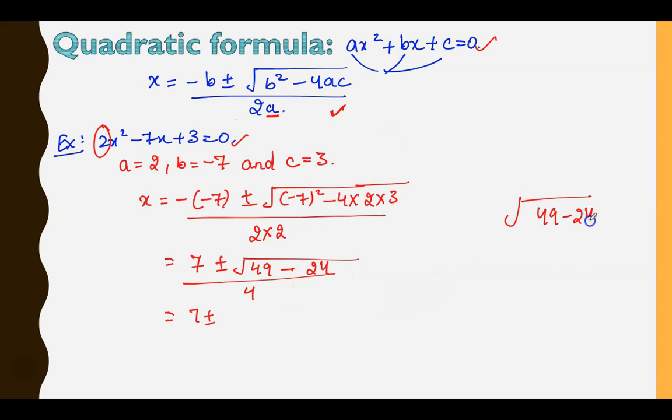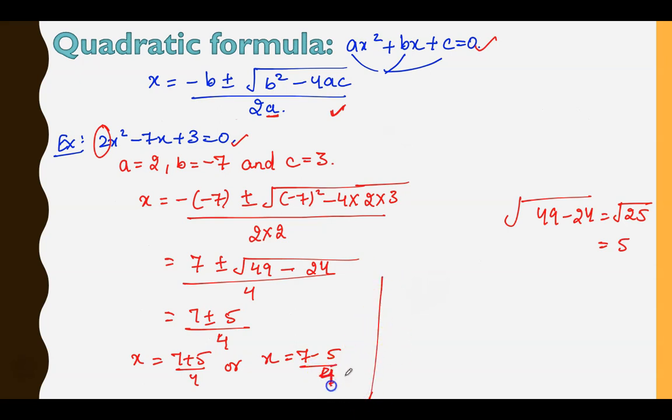According to me, everyone must be able to do that because it is going to be 49 minus 24, that is 25, that is going to be 5. So 7 plus minus 5 upon 4, just simplify this, that is x is equals to 7 plus 5 upon 4 or x is equals to 7 minus 5 upon 4.